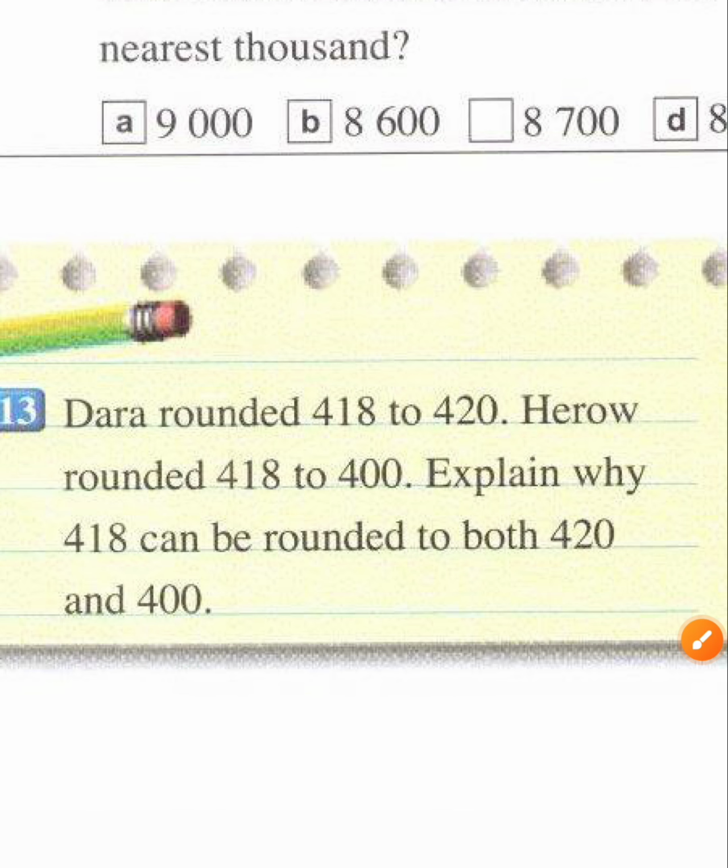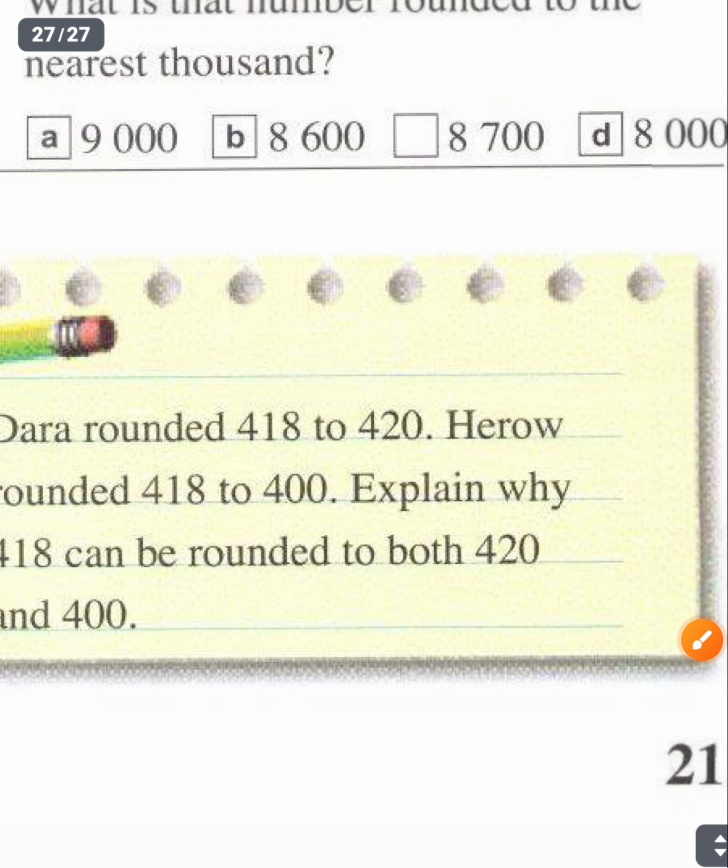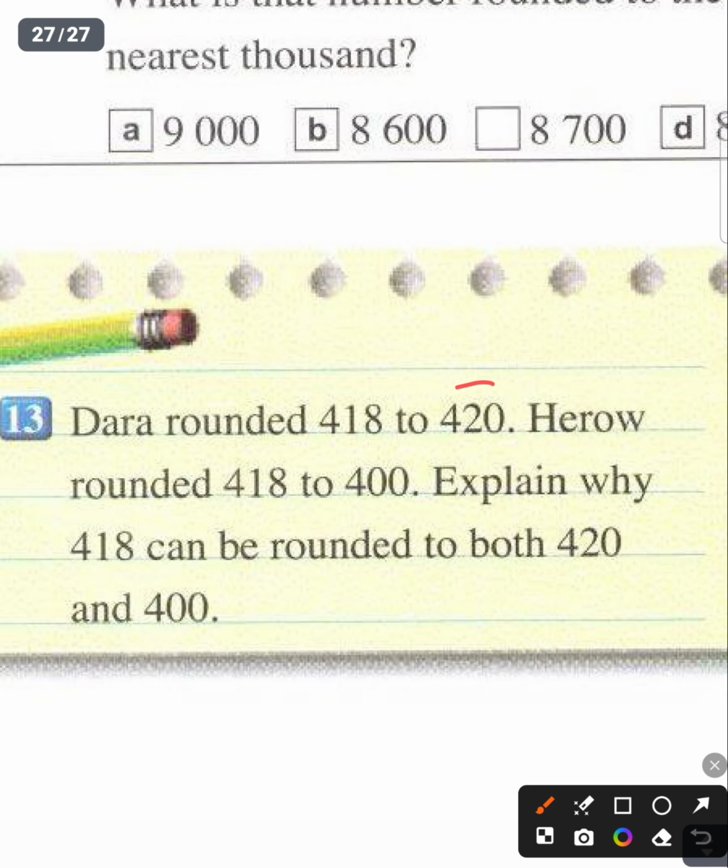Yes, both are correct. Why? Because Dara rounded it to the nearest tens, and Hero rounded it to the nearest hundreds. It means both are correct and nobody makes a mistake.